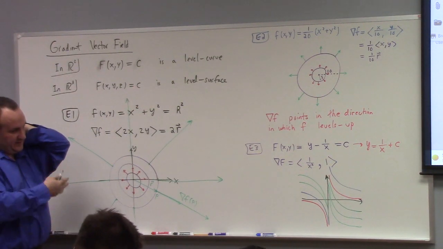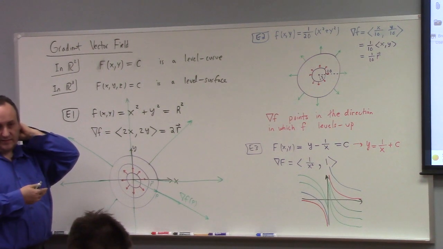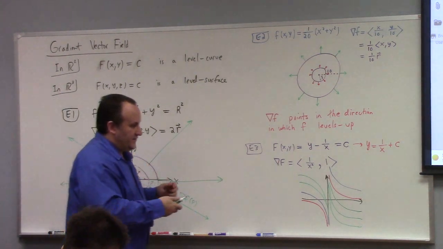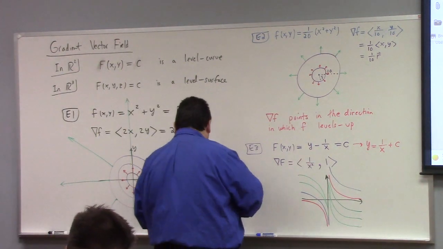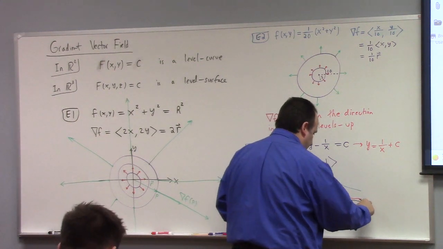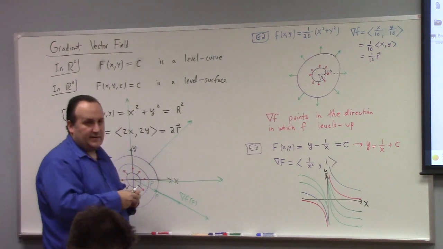There's one place where this family of level curves never gets to, which is what? x equals 0, not part of the story here. So something special happens on the y-axis, right? Geometrically. Now, what does the gradient vector field look like here?